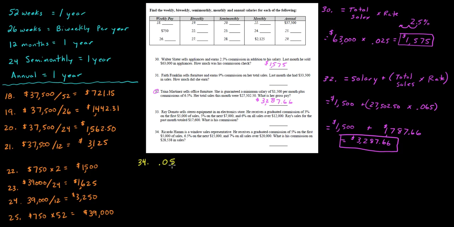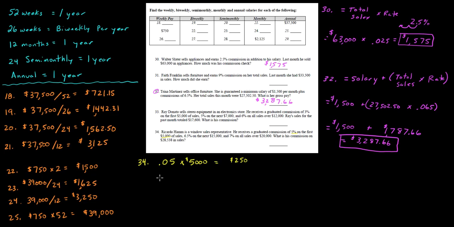So my rate is 5%, written as a decimal is 0.05, times the first $5,000 in sales. That's what it says right here. For the first 5,000 makes 5%. So I multiply that out, and he made $250 on the first $5,000 in sales.